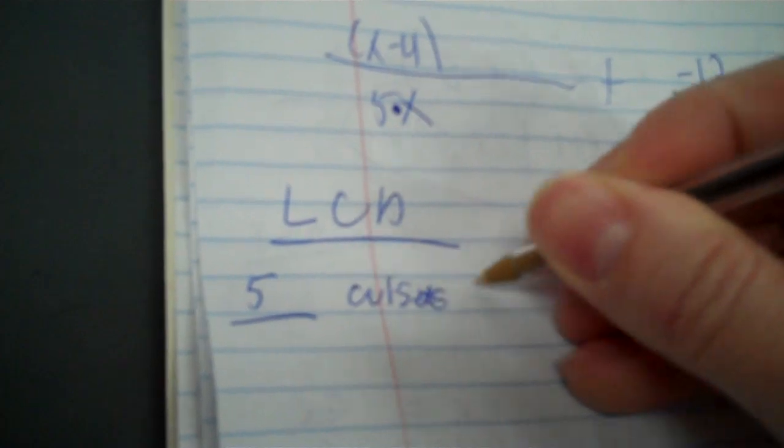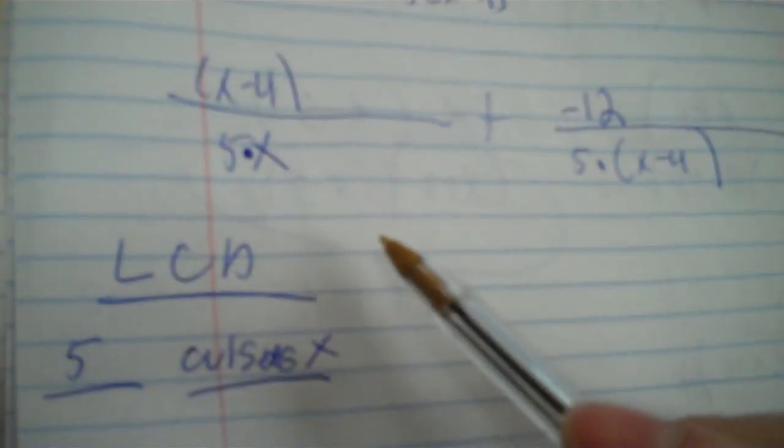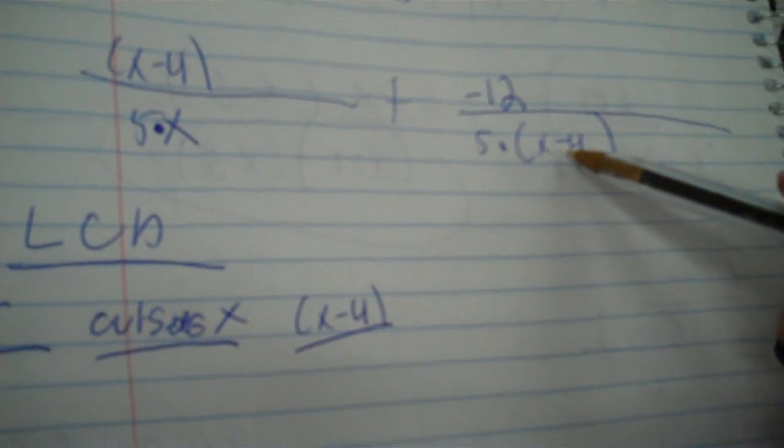Now LCD. You want to make sure you put dots between the factors because you have 5. This is called outside x, okay? Outside x. 5 I already have, and then parentheses x minus 4. Outside x is totally different than the parentheses x minus 4, okay?